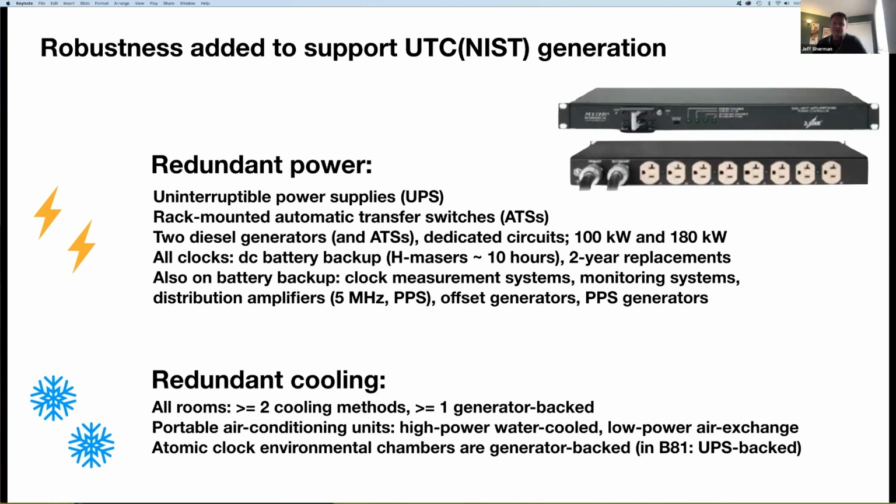The lower power ones just plug into the wall, and we move them around in the case of emergencies or where extra cooling is necessary. And in our newer building, the clocks that are inside of environmental isolation and control chambers, those are UPS backed, but in all cases, those chambers are generator backed. So at most they see a few seconds of power loss, and they either die because their motors don't like power loss, or they come back and temperature control is mostly seamless.